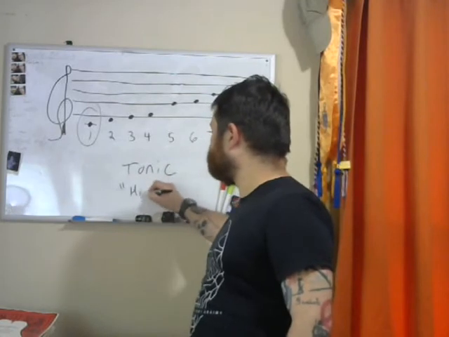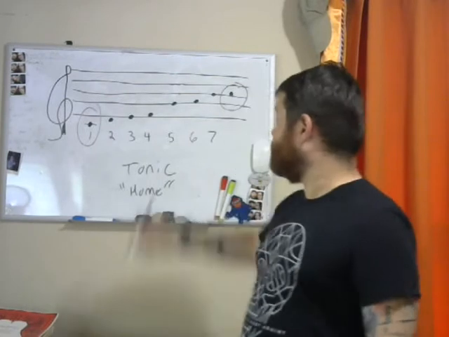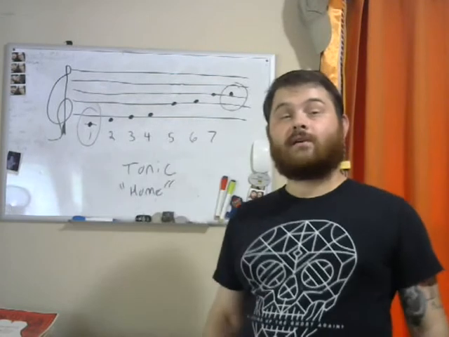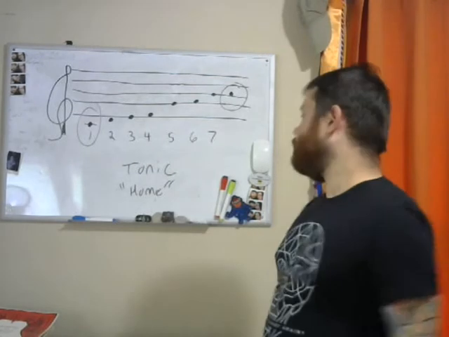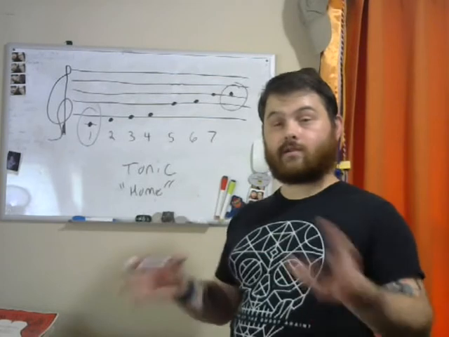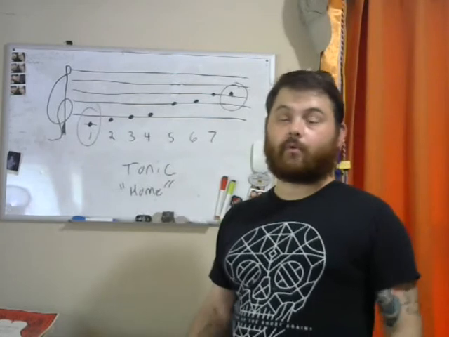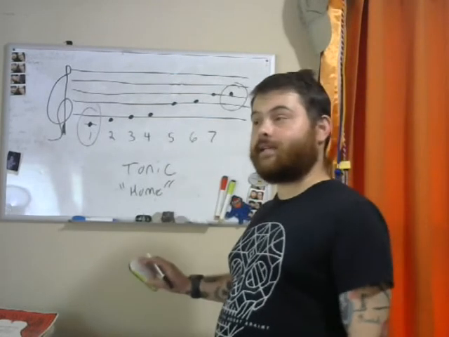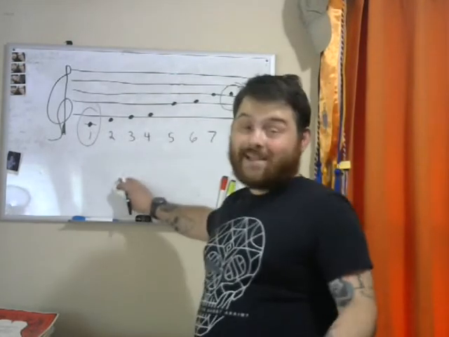So if we're playing a song in the key of C, we're simply using all of these notes to make that song in that key. We'll get into that a little bit more. But the home base for where the whole song is going to be based is tonic, or C. Notes are always going to want to move to that C to give it a C major feel, or a major feel.